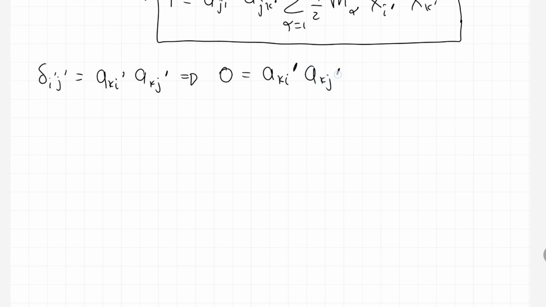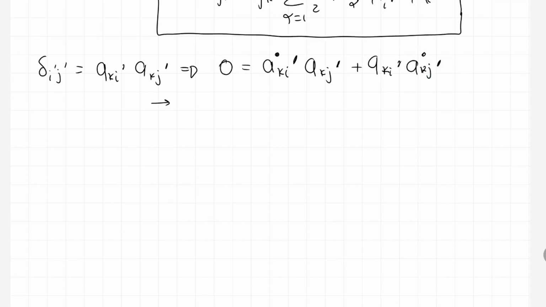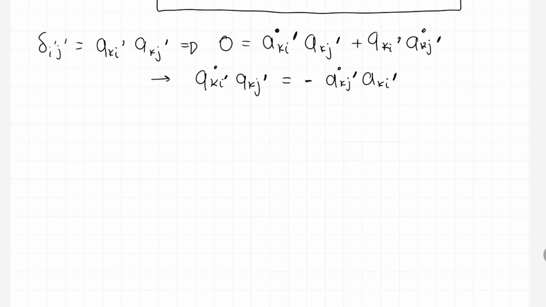It will be something like this. Here we have a_ki' dot a_kj', and then plus a_ki' a_kj' dot. So this leads us to a_ki' dot a_kj' equals negative a_kj' dot times a_ki'.